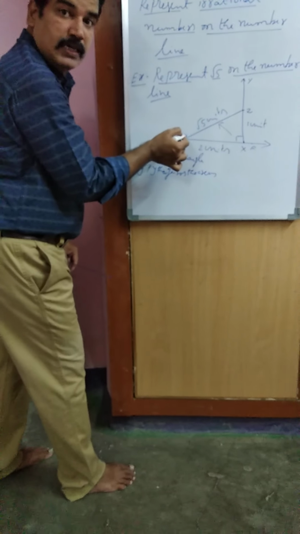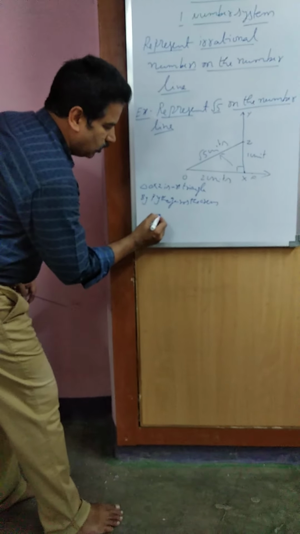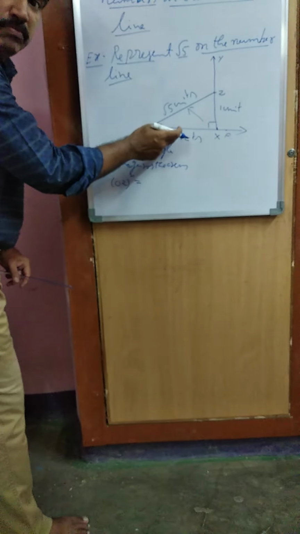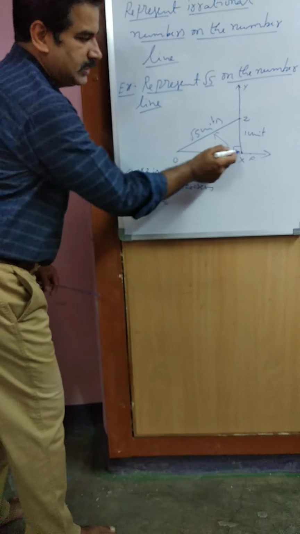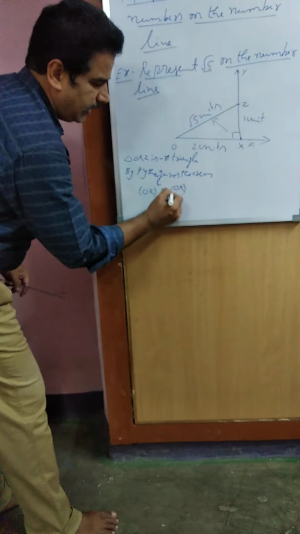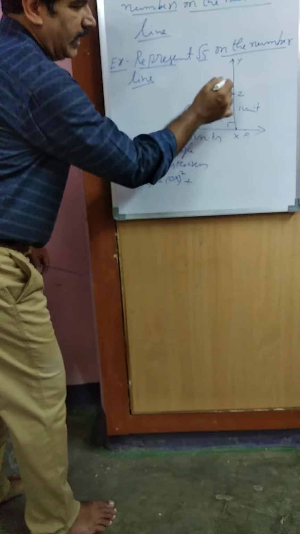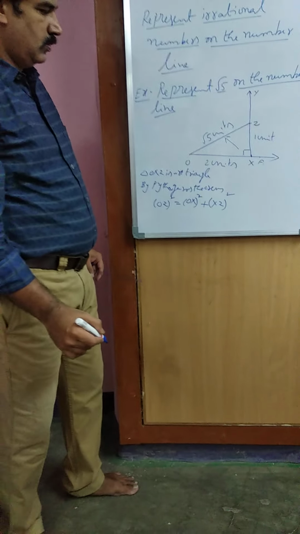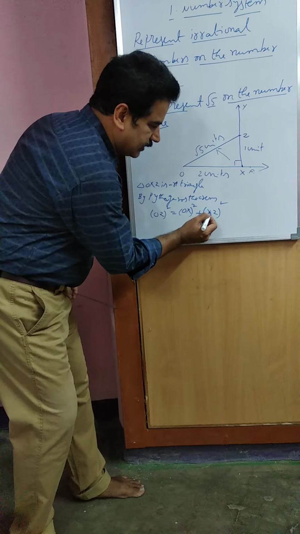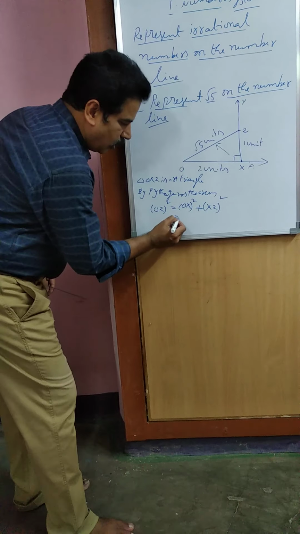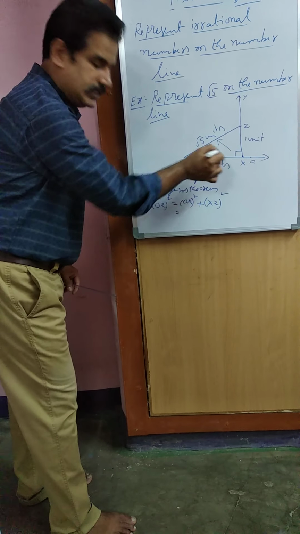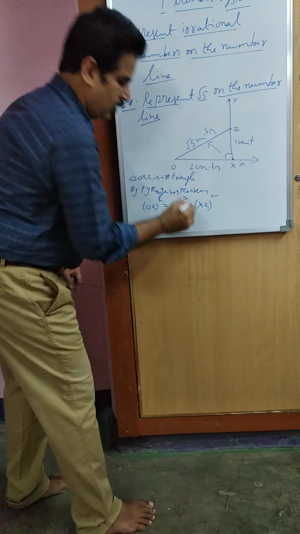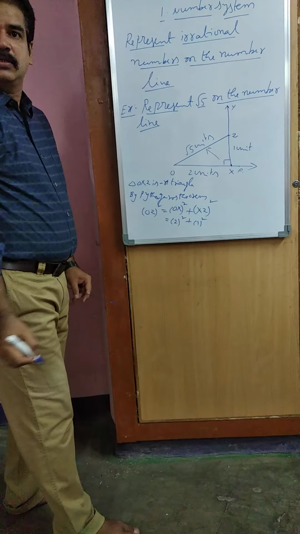The square of hypotenuse, that means OZ whole square, is equal to the sum of the squares of the other two sides, OX whole square plus XZ whole square. OX length already we took 2 units, 2 whole square, plus XZ length we take 1 unit, 1 whole square. Understand?